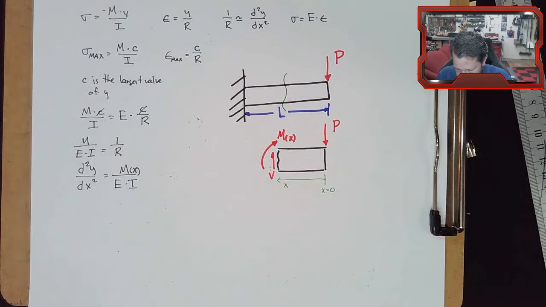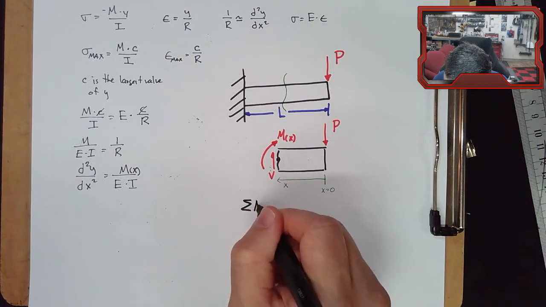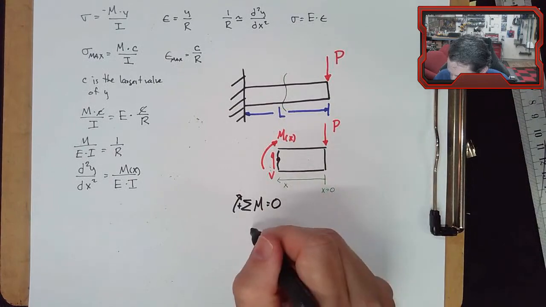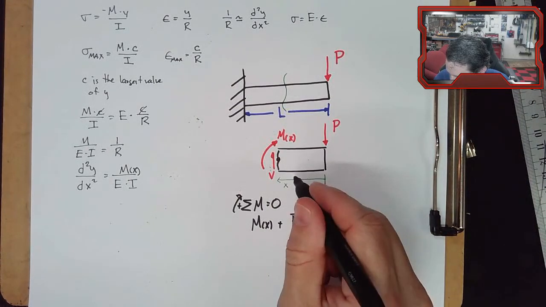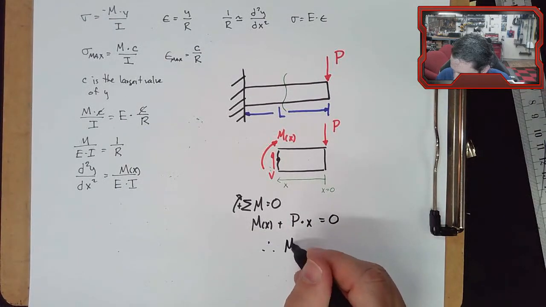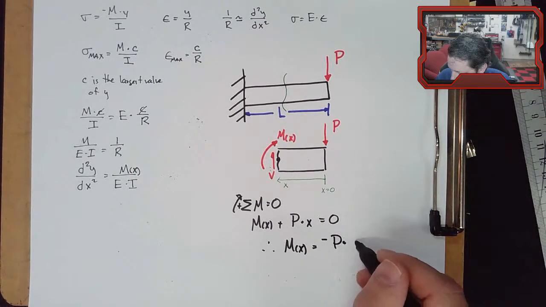So if I solve this free body diagram, do summation of moments about this cut point, we'll do clockwise positive. We have M of x plus P times x equals 0. So therefore, our equation for M of x is equal to negative P times x.